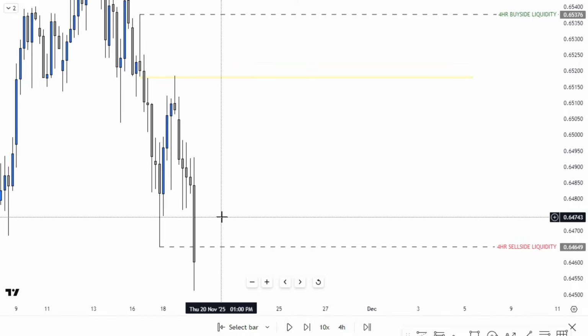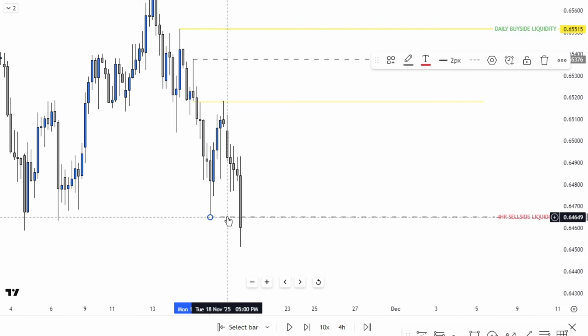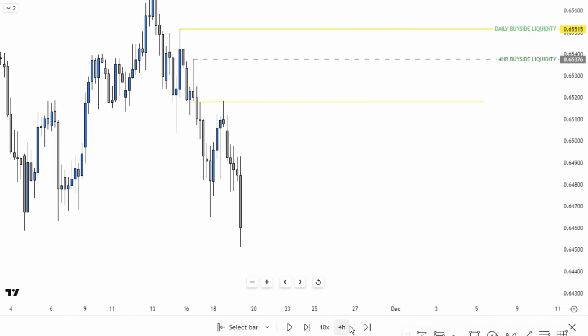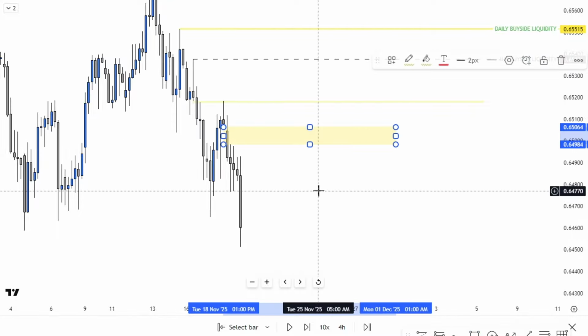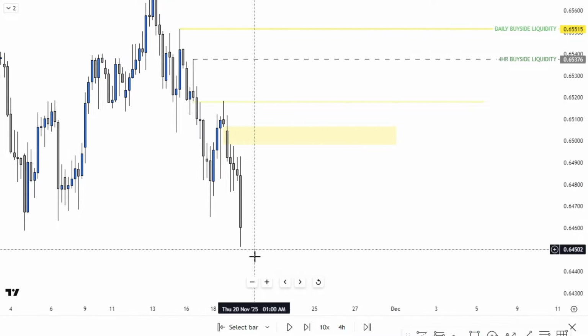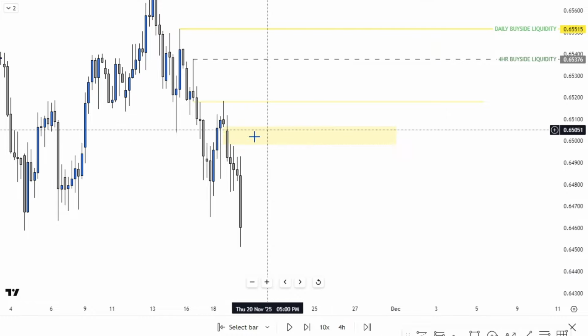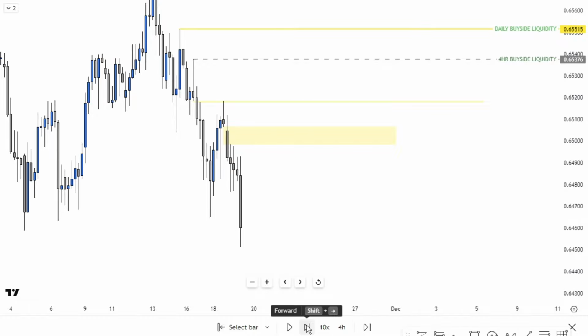And boom, just like that, price ends up sweeping this liquidity. So since price took this liquidity out, where is price likely to head next? We have this nice 4-hour fair value gap here. So we're anticipating for price to come back into this range and then back out. Let's see how price plays out.